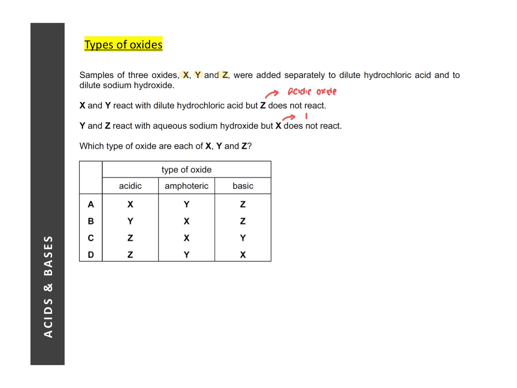So that immediately tells you that X is a basic oxide. So next, the fact that Y reacts with both an acid and an alkali, we can conclude that Y must be an amphoteric oxide. So with that, we will be able to conclude that D is the answer.